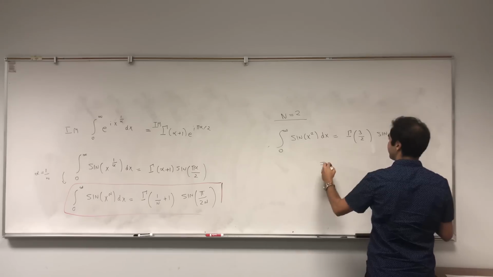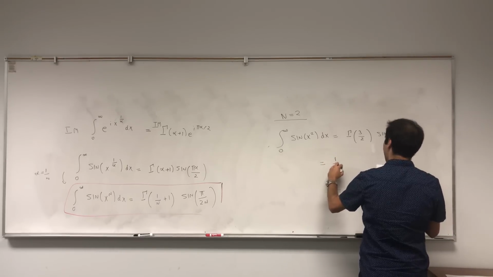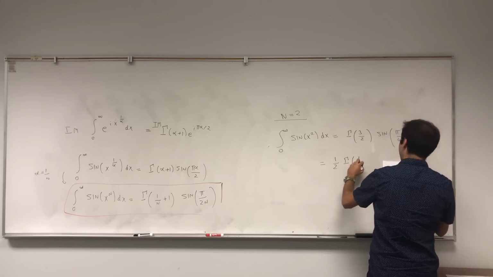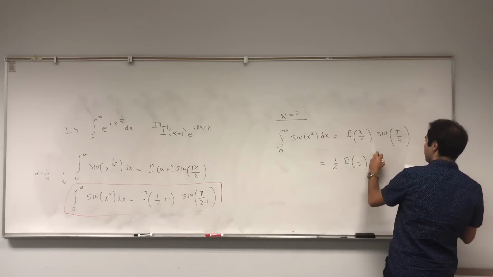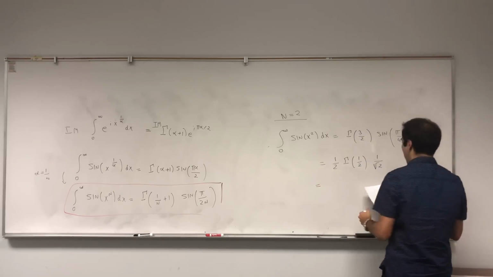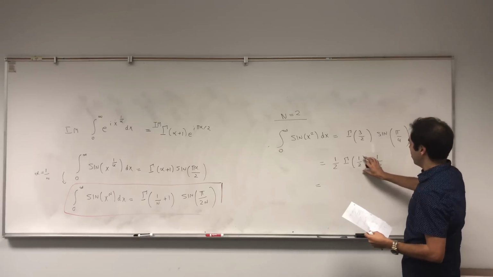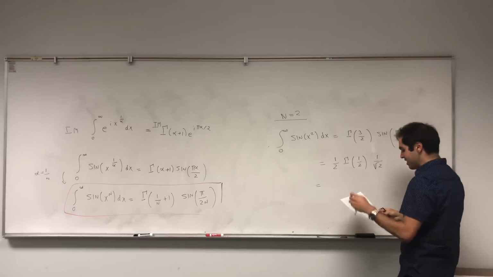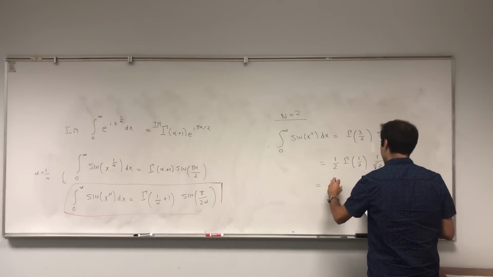And again, by this identity with gamma, this is 1/2, gamma of 1/2. And then pi over 4, it's 1 over root 2. And gamma of 1/2, you can calculate this to be square root of pi.